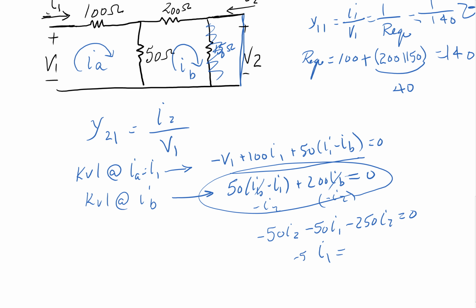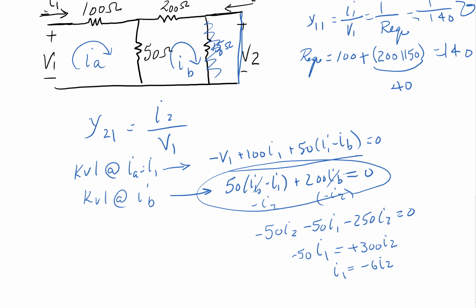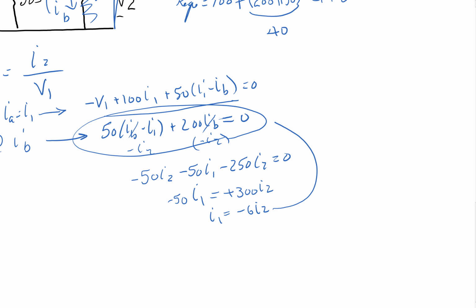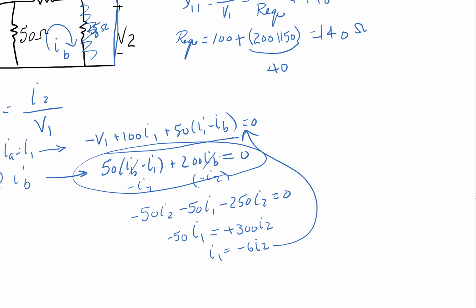So we've got minus 50 I1 plus 300 I2, which means we can replace anywhere we see I1 with minus 6 I2. Great. So I can go ahead and take this, plug it up here, and see where we go. And of course, remember IB is minus I2, so we have to plug that in as well.